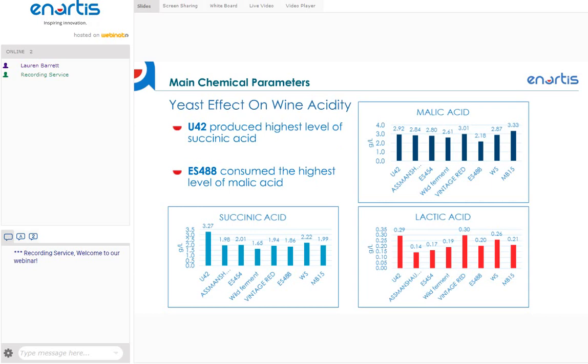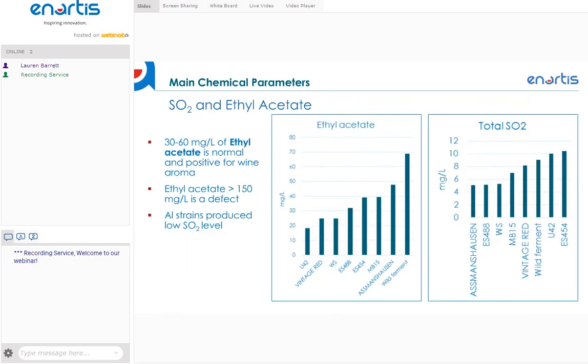Now we have some analysis looking at the SO2 production and ethyl acetate within the various yeast. And ethyl acetate is normally a positive aroma enhancer in wine. It's usually present between 30 to 60 milligrams per liter, but anything above 150 milligrams per liter is considered a defect.